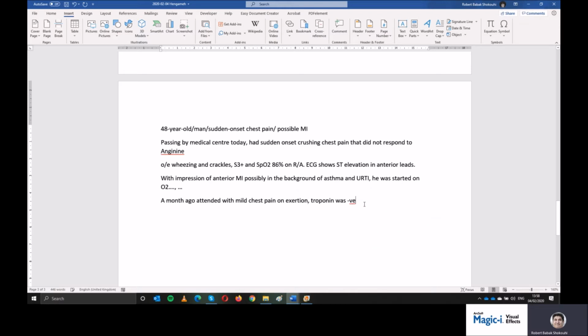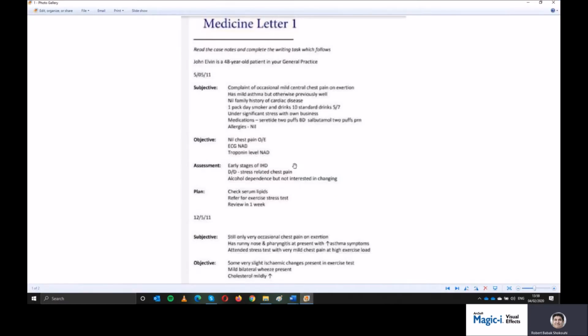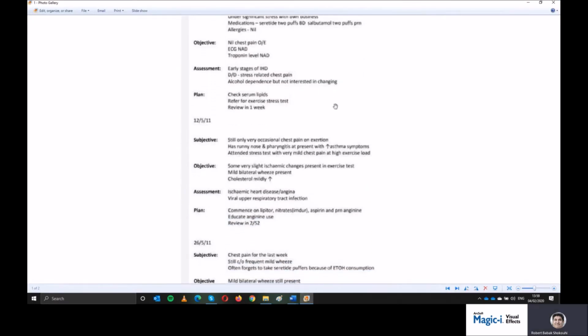And then an exercise test showed ischemic change, showed ischemic heart disease, and he was started on medications. Agree? Yes. And lab test shows a high level of cholesterol.